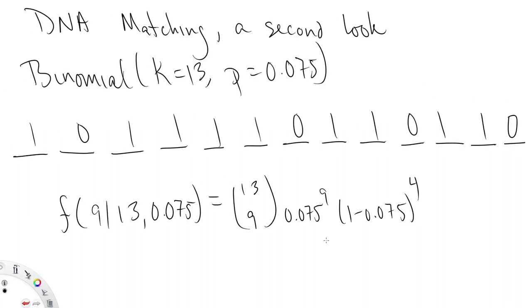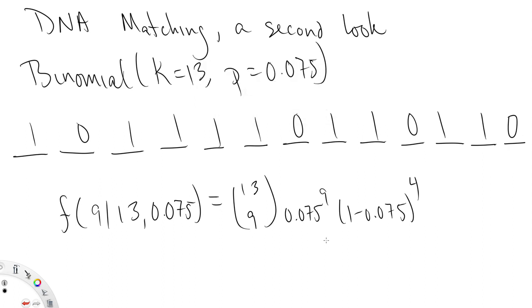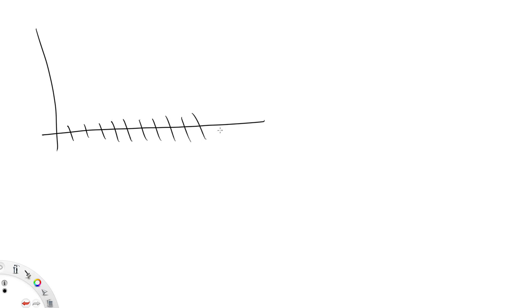Now what we're going to do to expand on that is to remind you that probability is area under the curve. So if we have a binomial distribution, and this goes 0, 1, 2, 3, 4, 5, 6, 7, 8, 9, 10, 11, 12, 13.